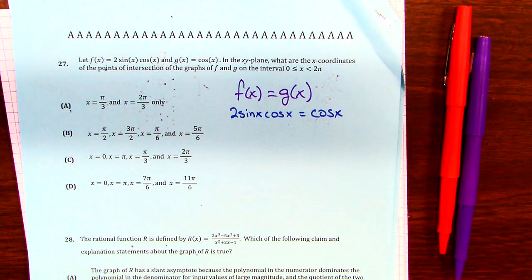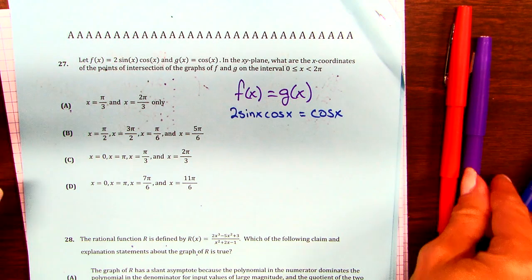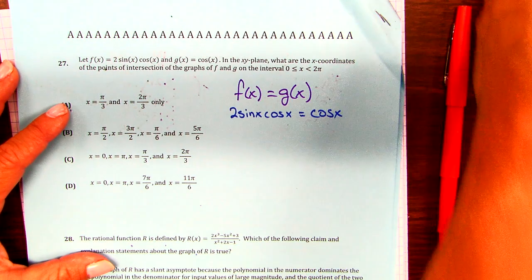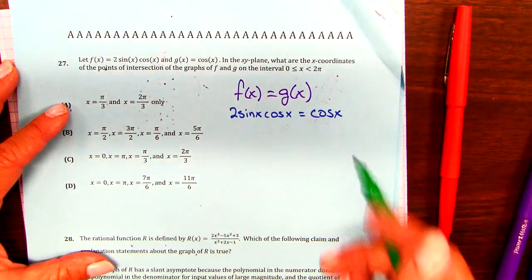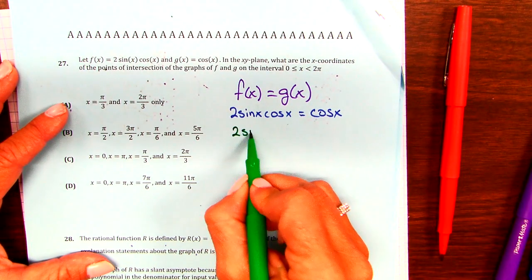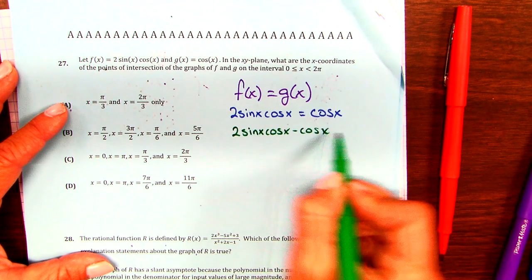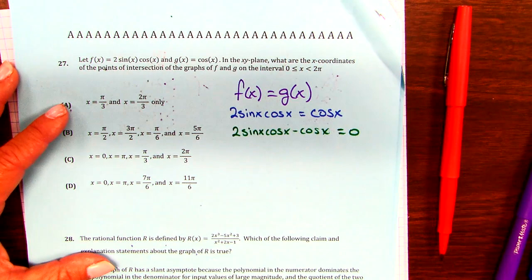We had one similar to this yesterday. But I see I've got sine and cosine in the same problem. I want to put everybody on one side together, so I'm going to subtract cosine from both sides. We really don't want to have two different trig functions in the same equation, but we can take care of that by factoring out the GCF.